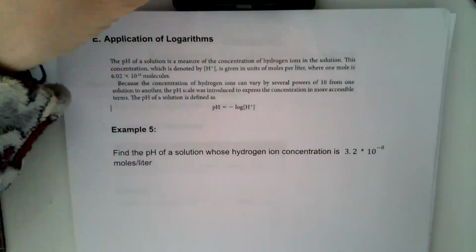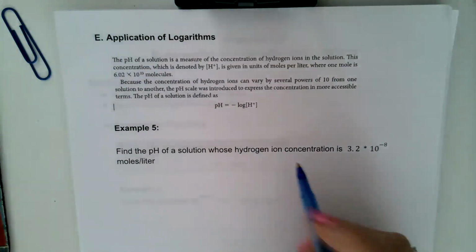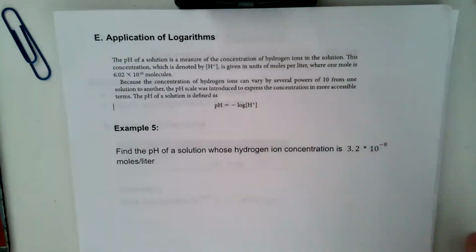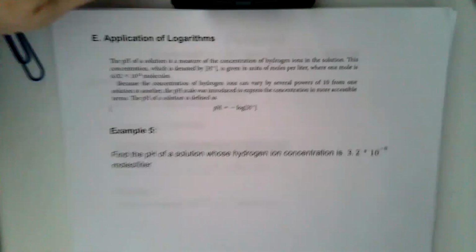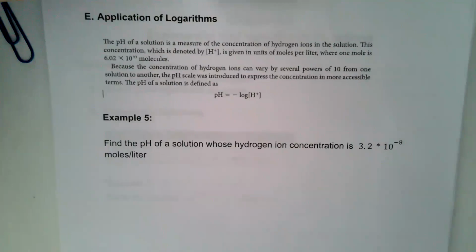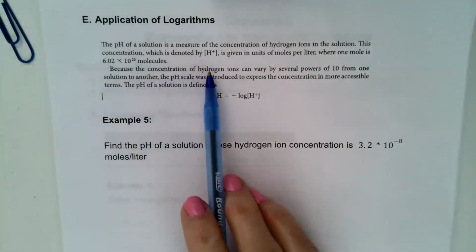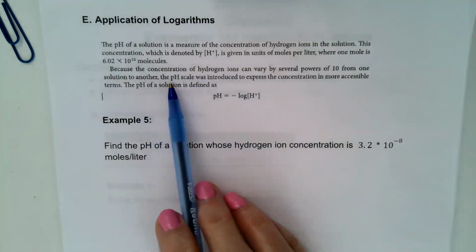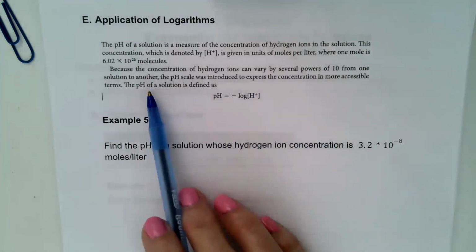And the last one is just a little application of logarithms. The pH of a solution is a measure of the concentration of hydrogen ions in the solution. This concentration, which is denoted by H plus, is given in units of moles per liter, where 1 mole is 6.02 times 10 to the 23 molecules. Because the concentration of hydrogen ions can vary by several powers of 10 from one solution to another, the pH scale was introduced to express the concentration in more accessible terms.